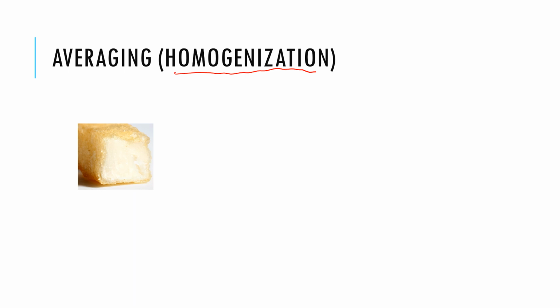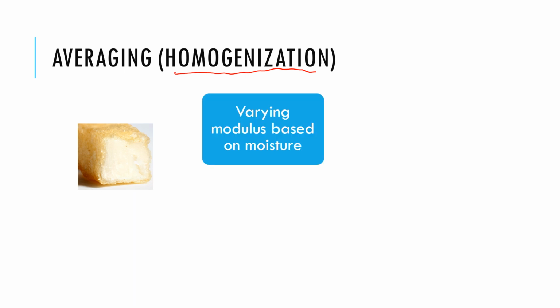Recall that we already have a varying modulus because we know what the moisture is at any place, and we have the relationship between moisture level and modulus. So using those two together, I know the modulus at any point, and so I have this varying modulus based on moisture.